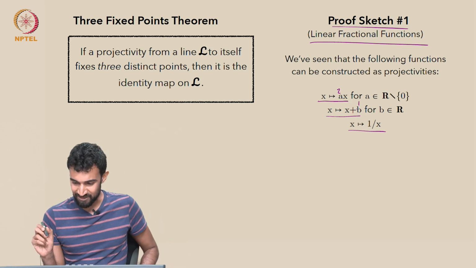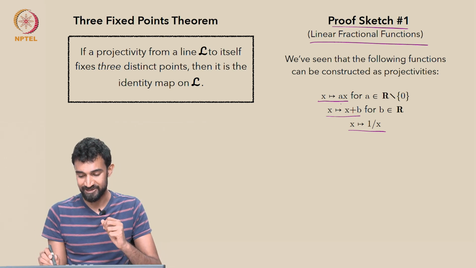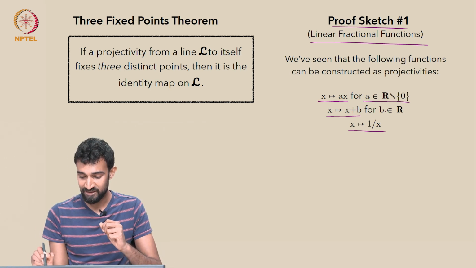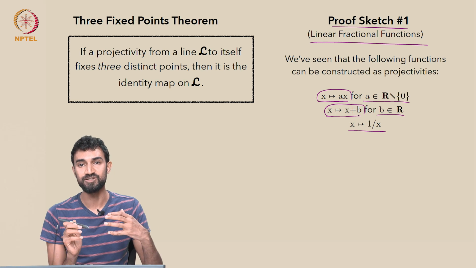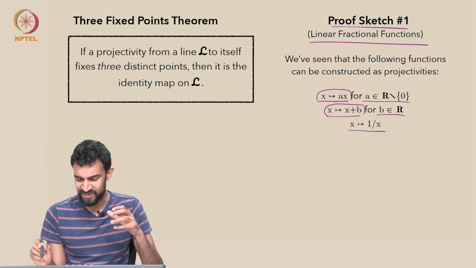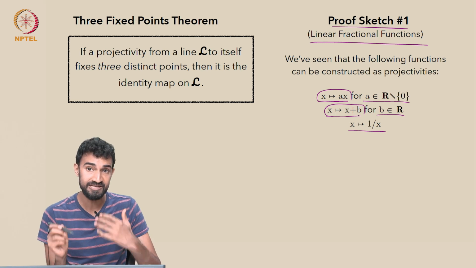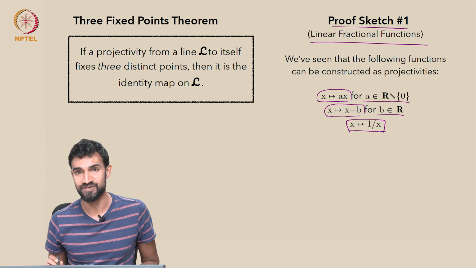But it's not much of a stretch to imagine you can alter our constructions a little bit to get any non-zero real number a as your scaling factor, and any real number b as your translation factor. So I'll leave that for you to verify, but using these constructions we've already seen, it's pretty easy to get any of these functions as projectivities.